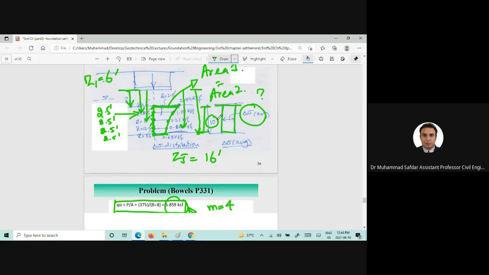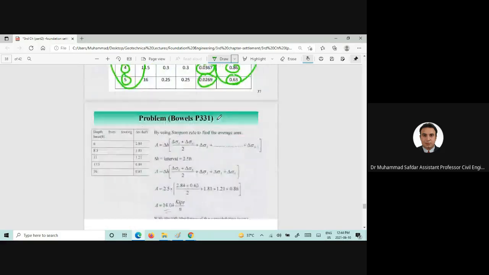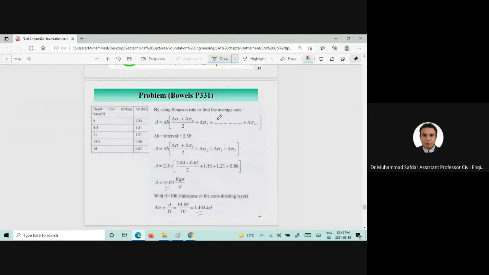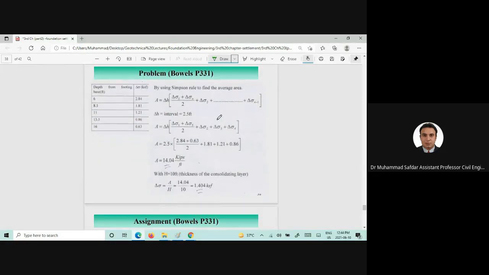So we need to use the Simpson rule, which we studied in numerical analysis. So this is the Simpson rule. Please kindly note down the Simpson rule here. If we know the delta H, it seems complicated, but don't worry, I will explain it here.